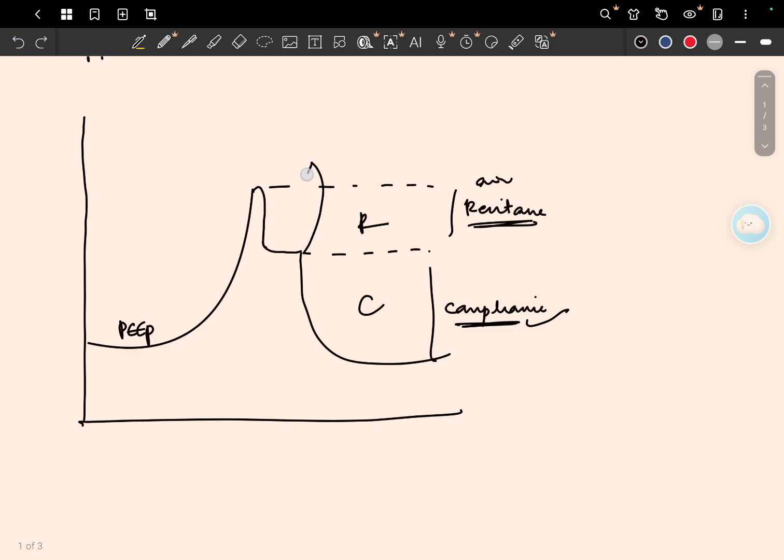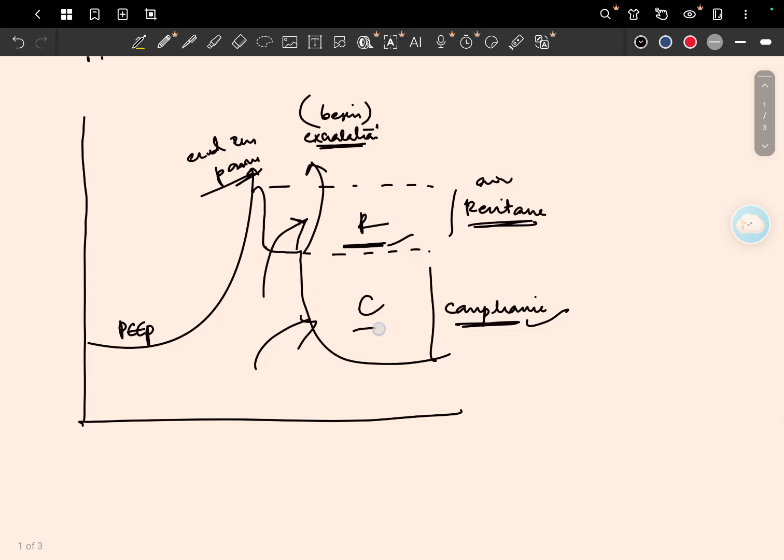This is where exhalation will begin, and this is where the end inspiratory pause is seen. There is a drop in pressure as flow has stopped, and a drop in alveolar volume is also seen. So we will have resistance and compliance as a result.